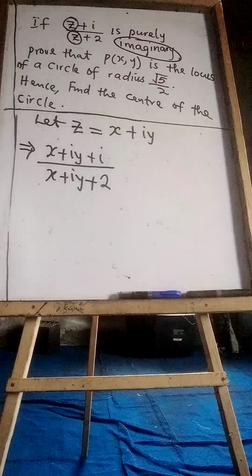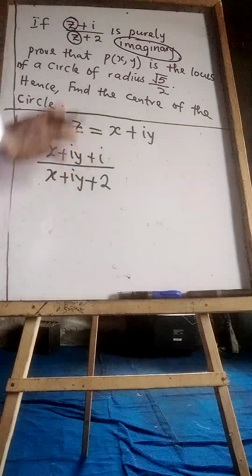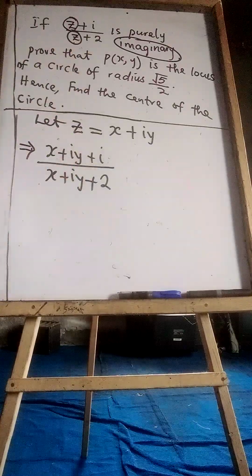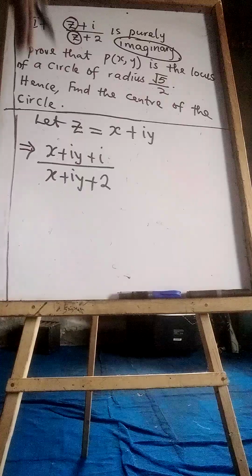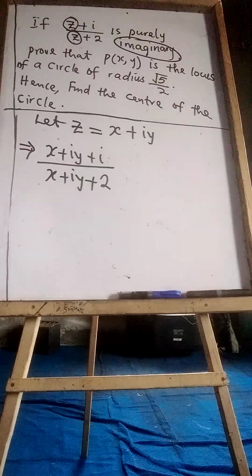The next thing to do is to collect the like terms of imaginary and real part in the numerator and the denominator.